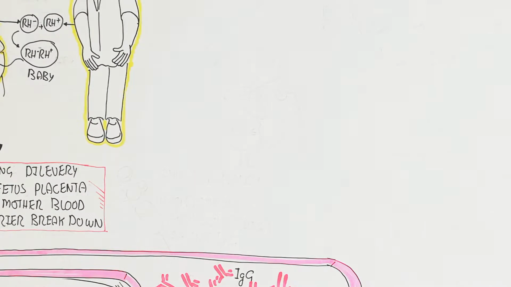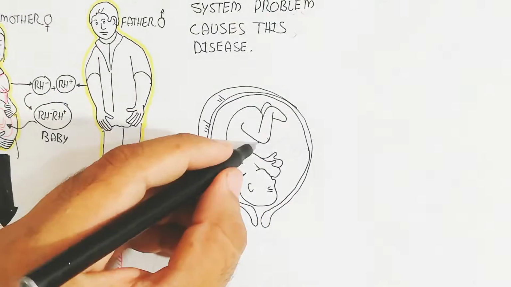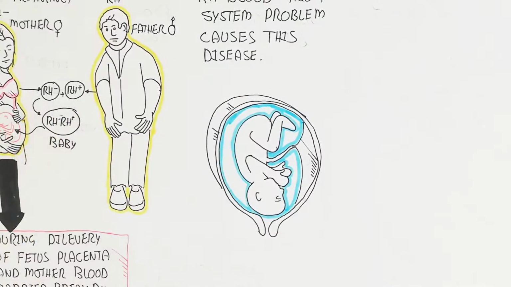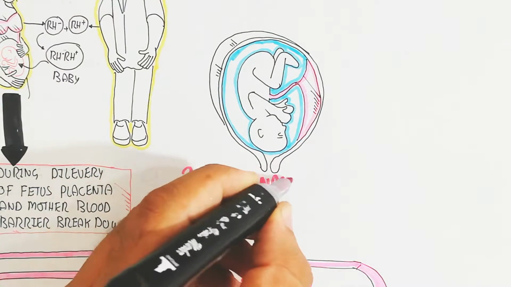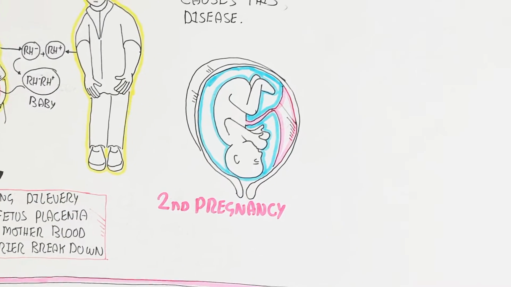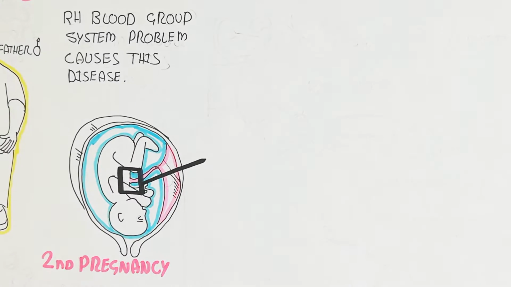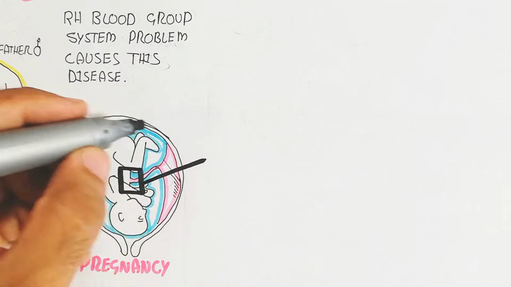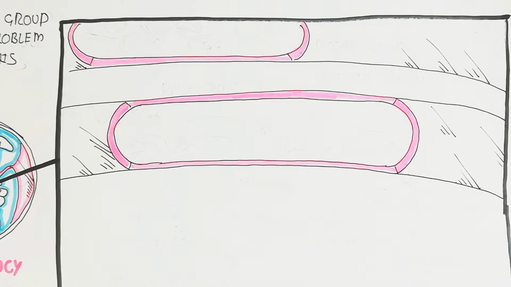Now, not at delivery, but during the fetus development in the second pregnancy, the IgG antibodies are already present in the mother's circulation, and the antibody can pass from the mother's circulation through the placenta into the fetus.